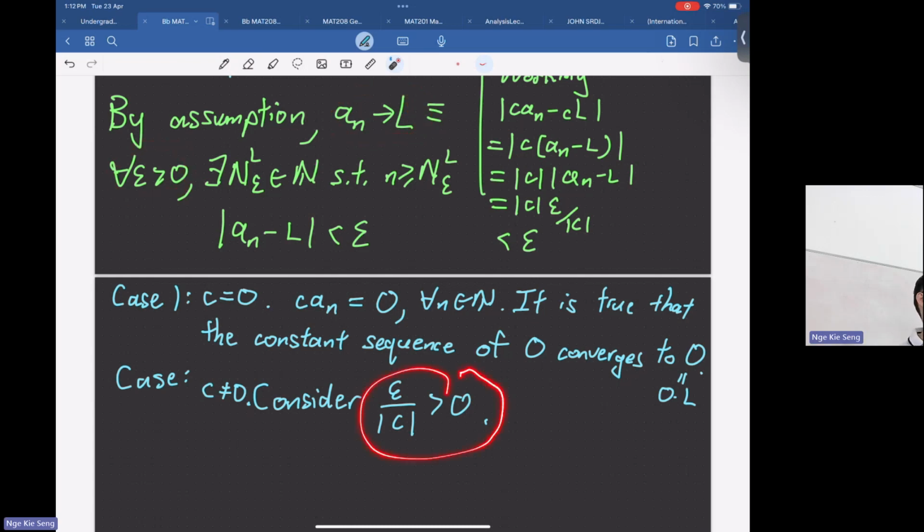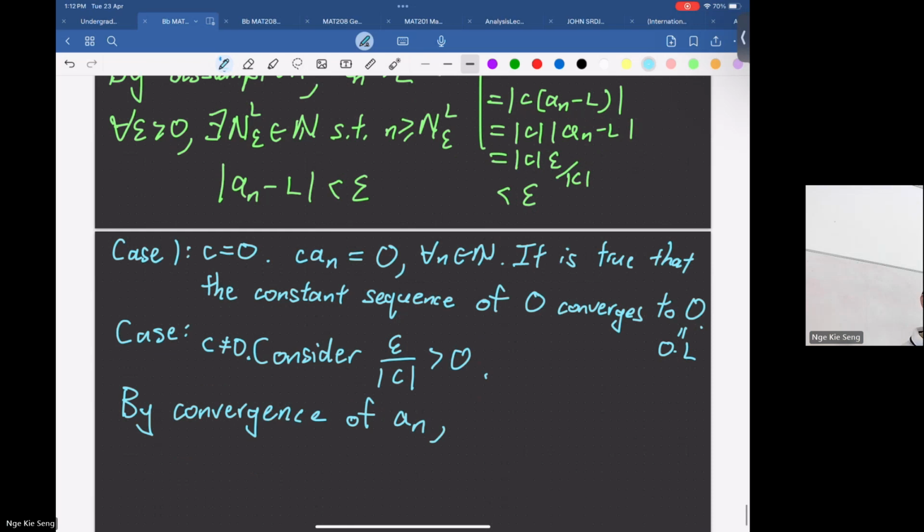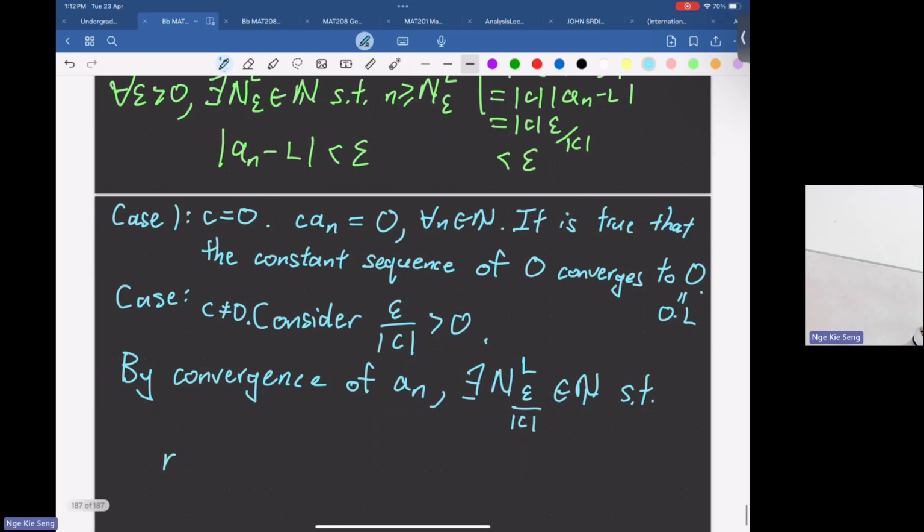In particular, I can fix an epsilon over the absolute value of C. So by convergence of a_n, there exists an N that depends on my limit, my sequence, and also my epsilon, such that for all n beyond this capital N, I get the absolute value of a_n minus L is less than epsilon.